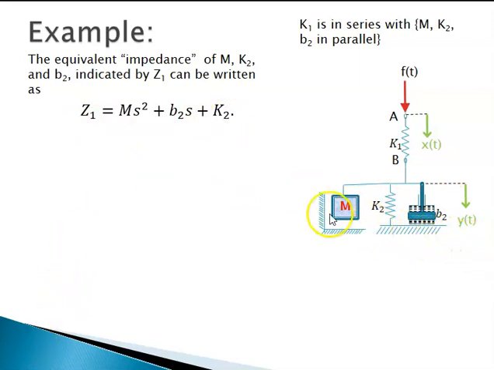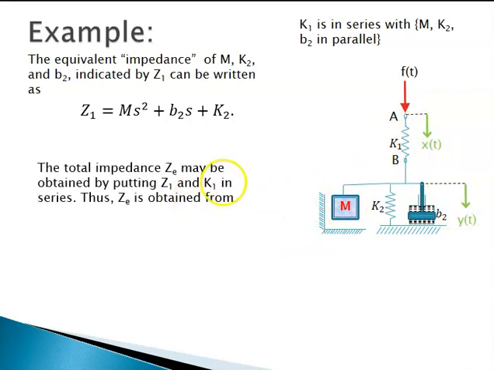So you can see that this net impedance of these three, which we represent by Z1, is in series with the spring K1. So the net impedance may be written by reciprocal of this K1 plus reciprocal of this Z1, the whole reciprocal. That is, take reciprocal of sum of reciprocals of K1 and Z1. That's exactly what we have written.